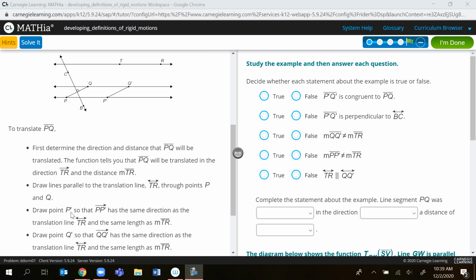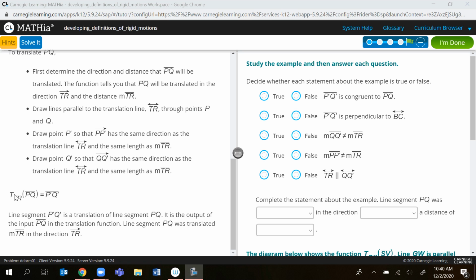Draw the point P prime so that P prime, here to here, has the same direction as the translation line TR, the same length as the measure of TR. Draw point Q prime so that Q prime has the same direction as the translation line TR and the same length as TR.